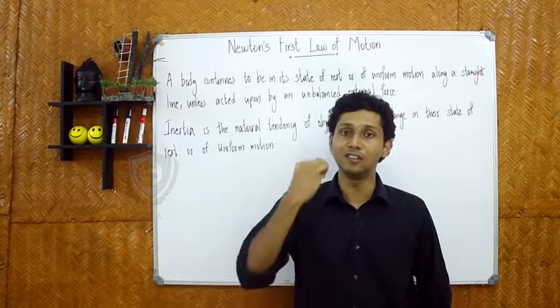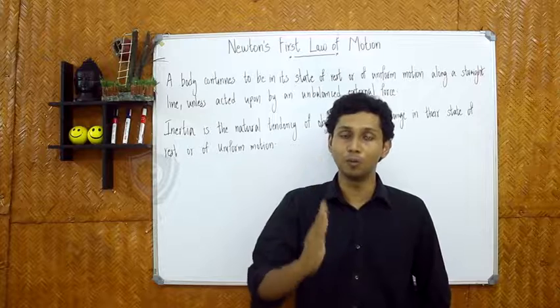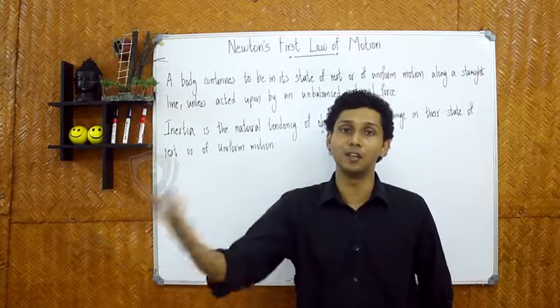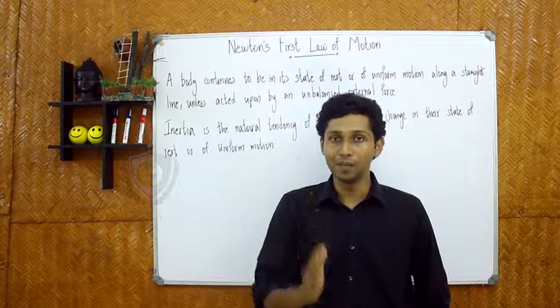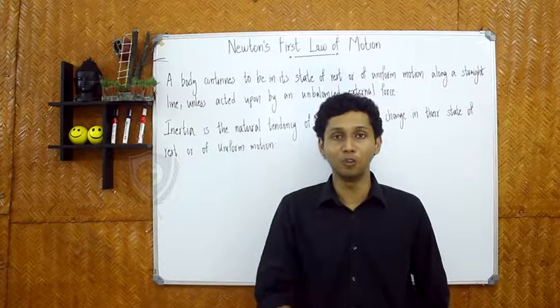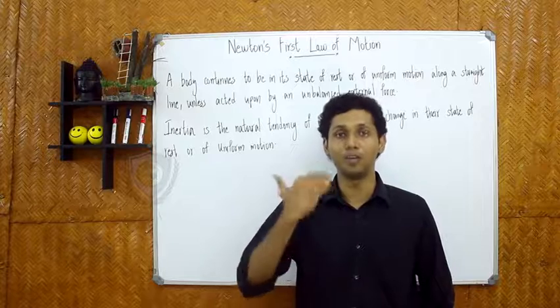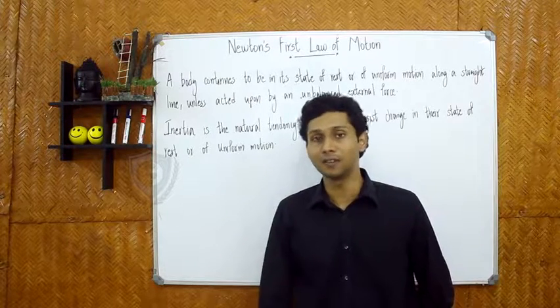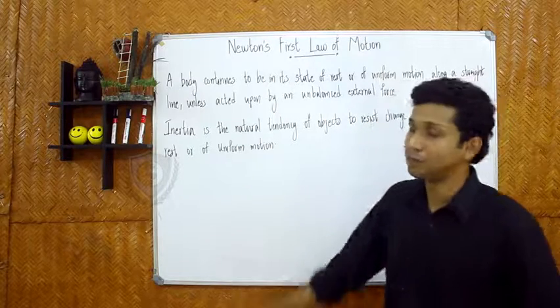If a body is initially at rest, it wants to stay at rest, so it opposes a change to the state of motion. Similarly, if an object is initially in motion, it wants to stay in motion, so it resists any change to the state of rest. That was the concept of inertia.